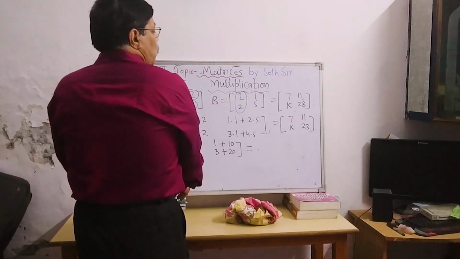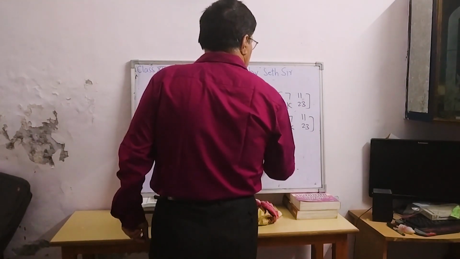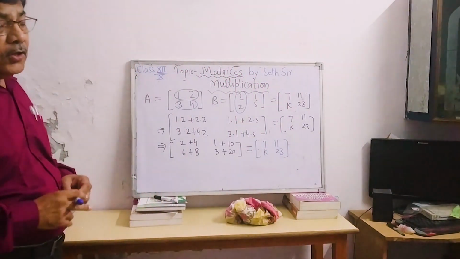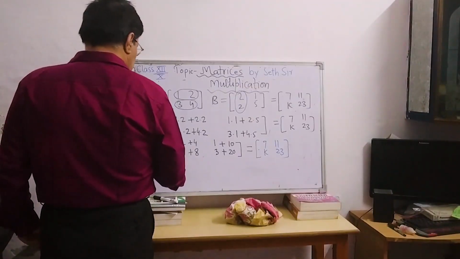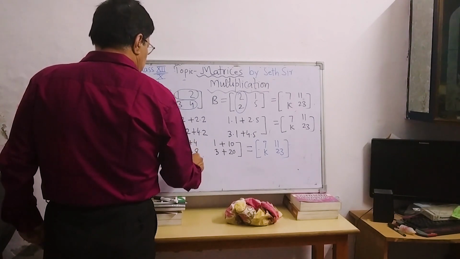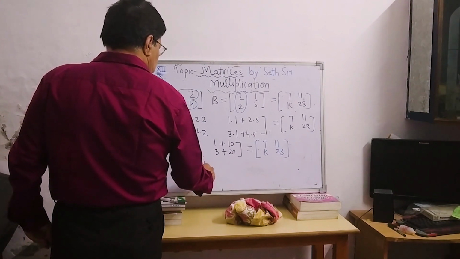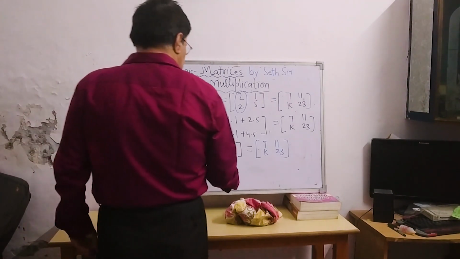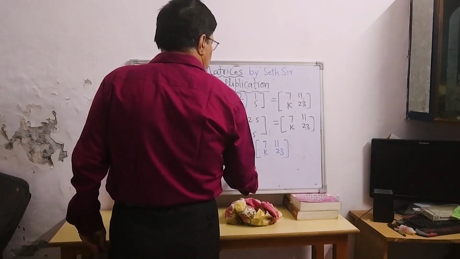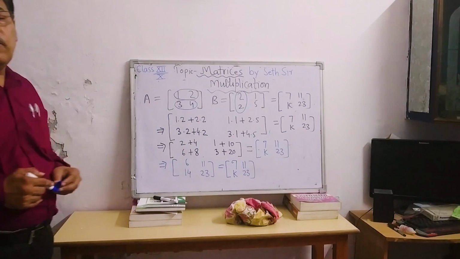This will be equal to 7, k, 11, 23. Is this clear? Now add them. What will come? 2 and 4, 6. 6 and 8, 14. Then 1 and 10, 11. Then 23. And this will be equal to 7, k, 11, 23. So this is how you will do the multiplication.